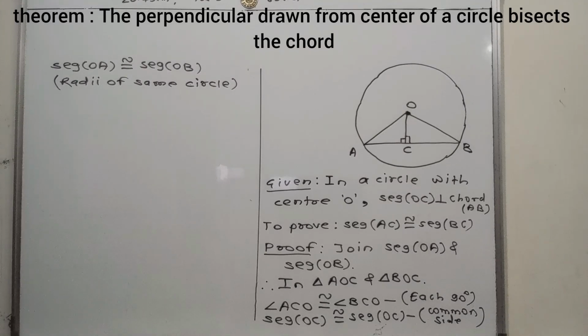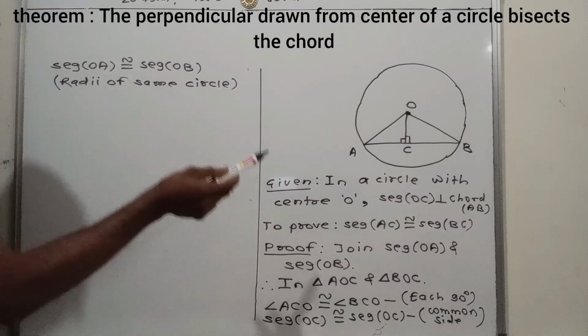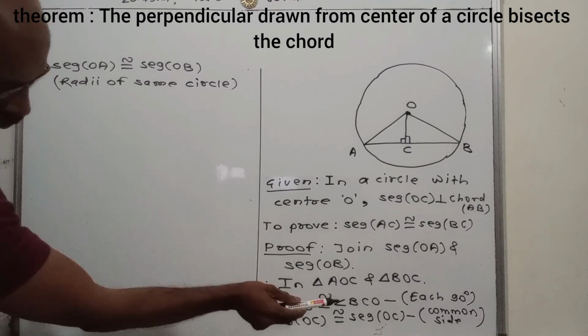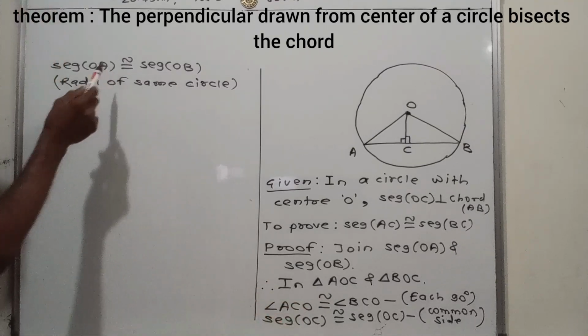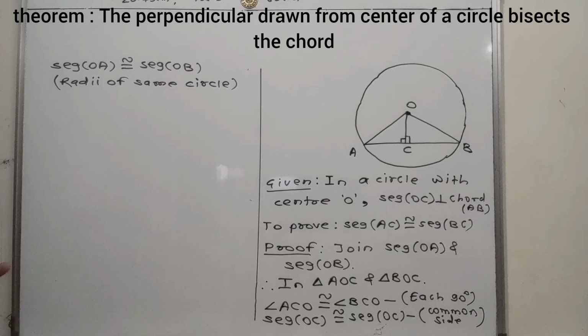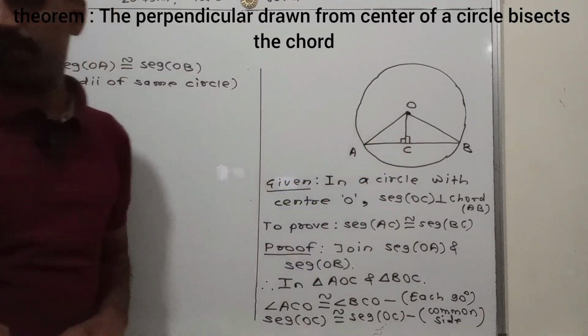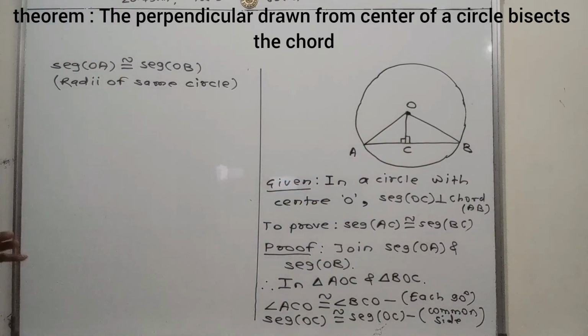Radii of same circle are always congruent. Now see here, 1, 2 and 3, 3 parts are congruent. Therefore, we want minimum 3 to prove that any given two triangles are congruent by any test.